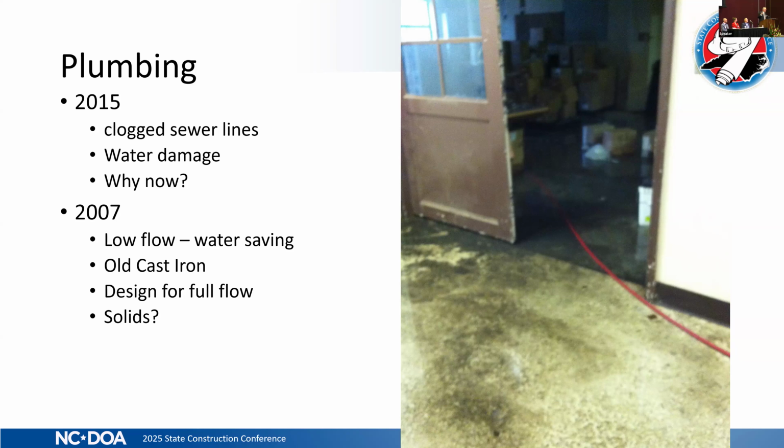So when you go to low flow fixtures designed for full flow, solids start to stay in the pipe. And in that old cast iron, the paper that's in there starts forming like a paper mache rock. And every weekend it gets to dry a little more and add another couple of layers of paper until it forms something akin to a rock inside of your plumbing.